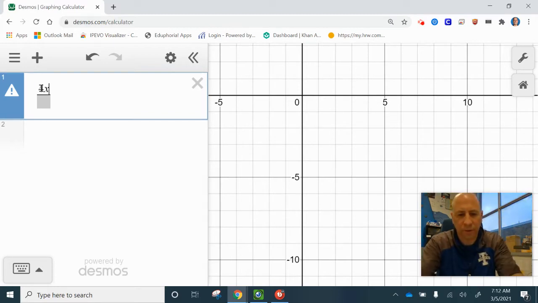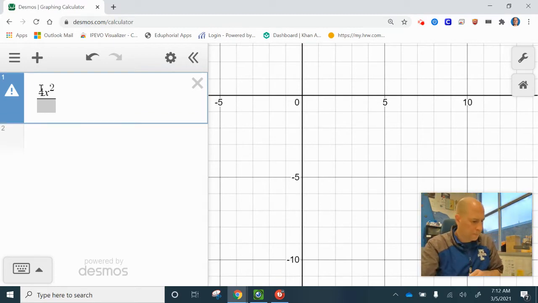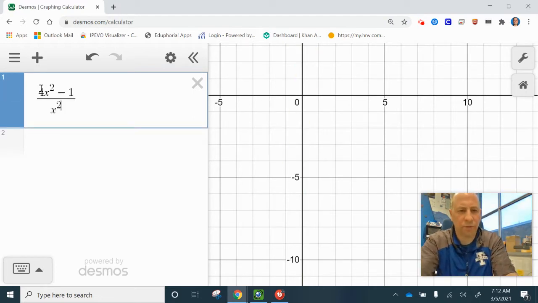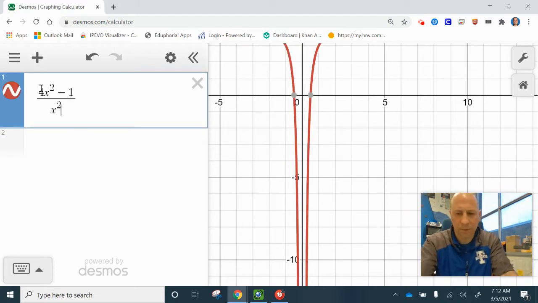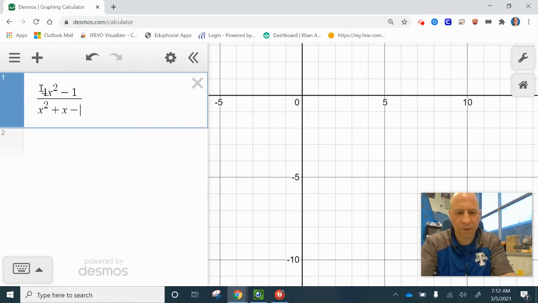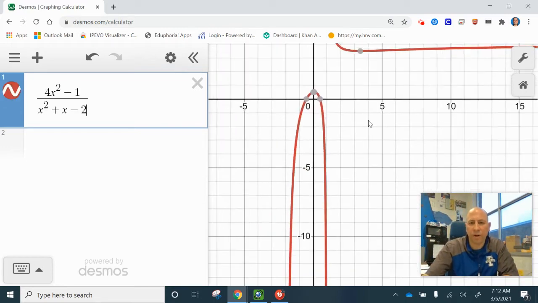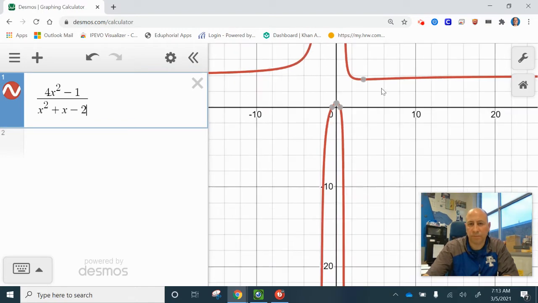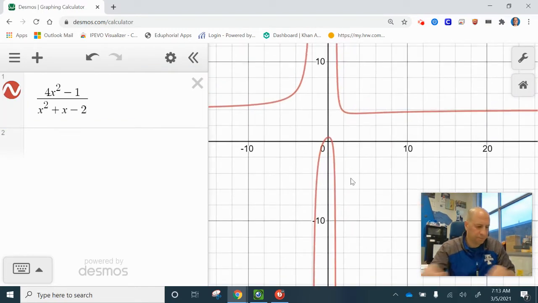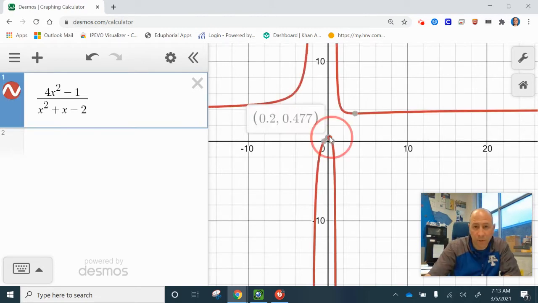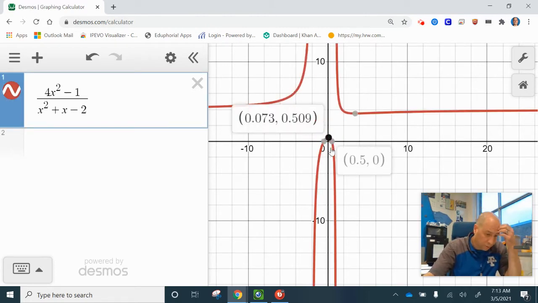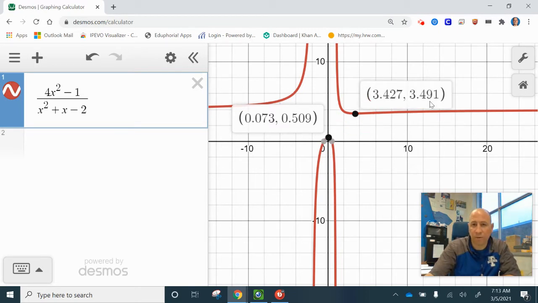So 4x squared minus 1 divided by x squared plus x minus 2. What you're going to need to do is zoom out. And then you want this point right here. You'll notice that's where you get the 0.51. And I believe if you click there, you'll get the 3.49.